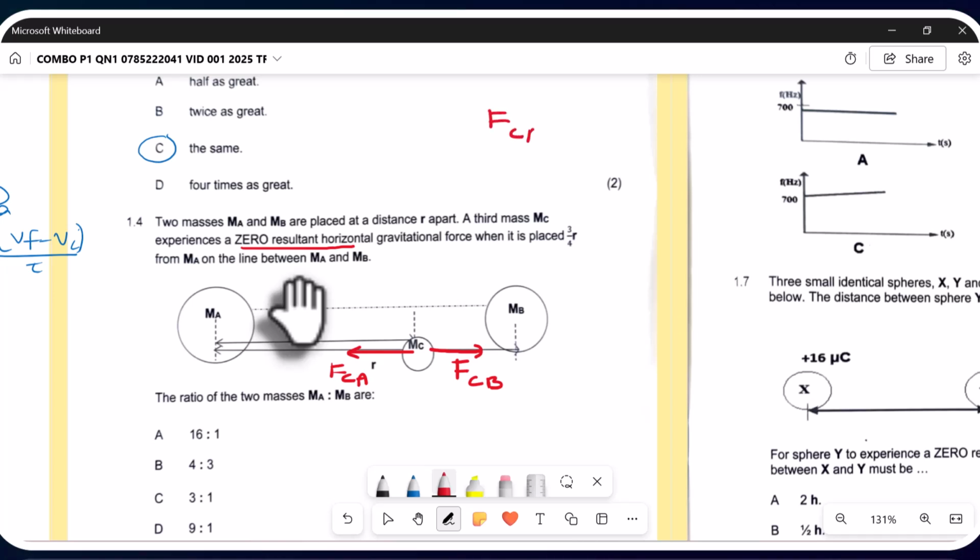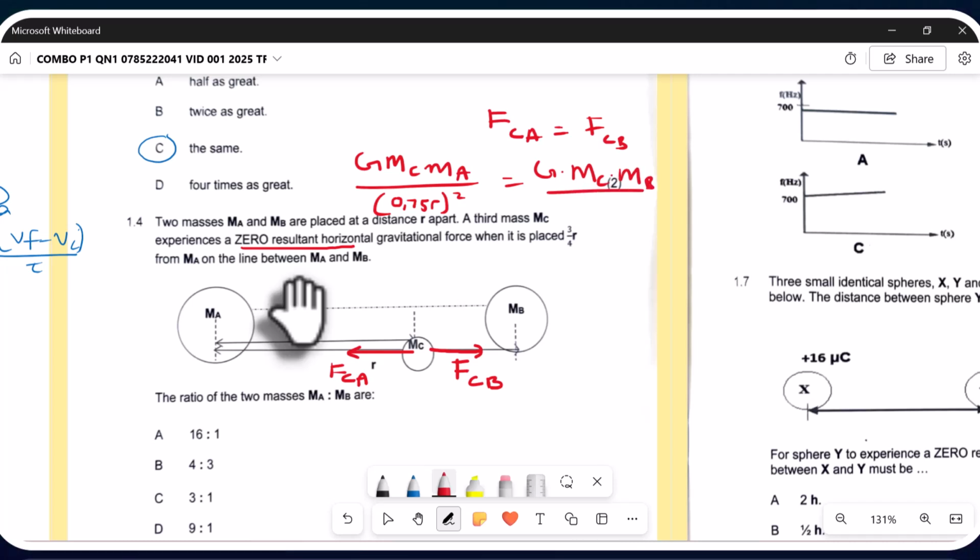We use G times mass of C times mass of A, divided by the distance from C to A, which they gave us as 3/4, that's 0.75 r, squared. On this side, also G times the mass of C times the mass of B, divided by the distance. If this is 3/4, the balance is a quarter, which is 0.25 r, squared.